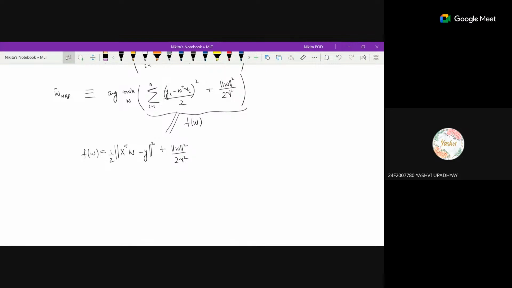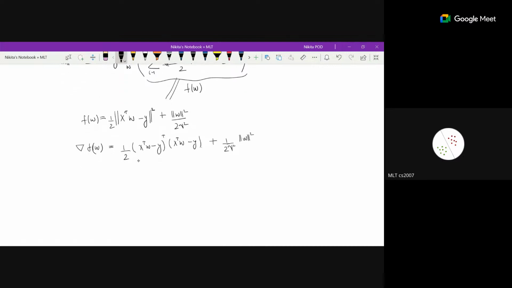So we can take the derivative. We will find the grad of F of W, right? And what is the grad of this going to be? Now you can expand this term.